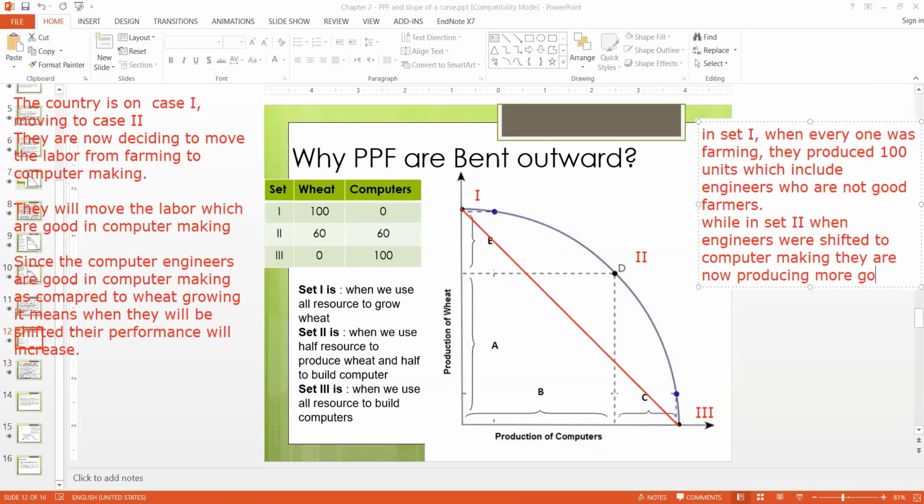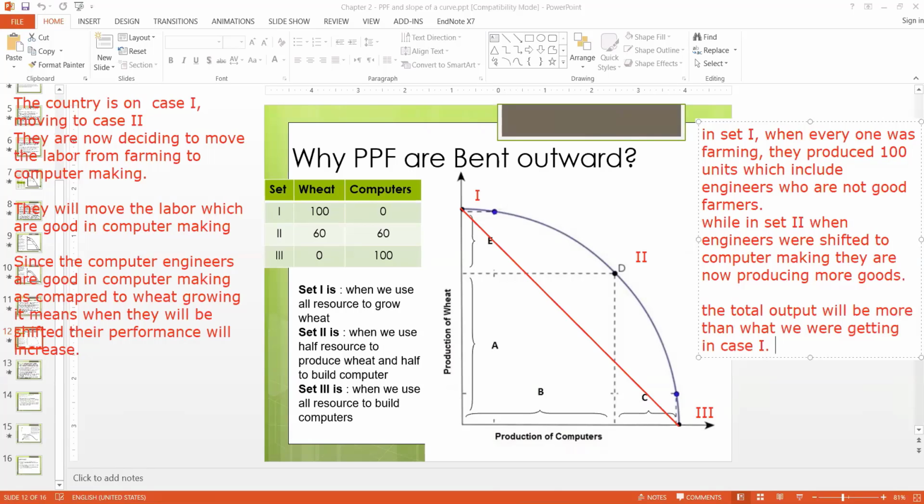So the total output will be more than what we were getting in case 1. This is because, first of all, the engineers were not good farmers.